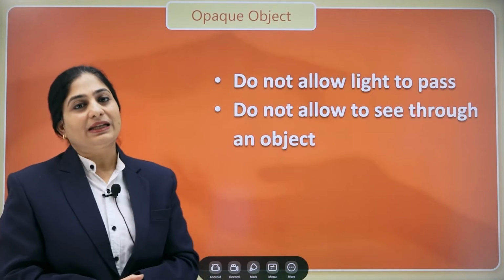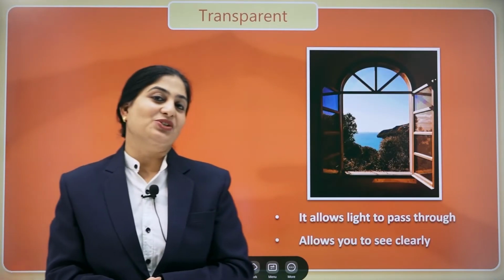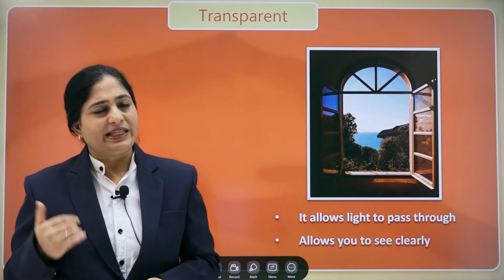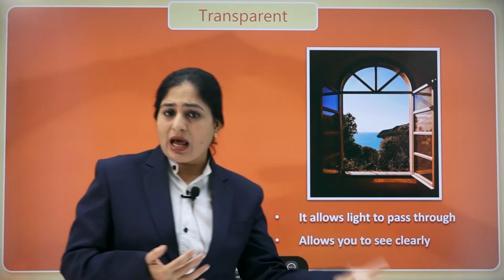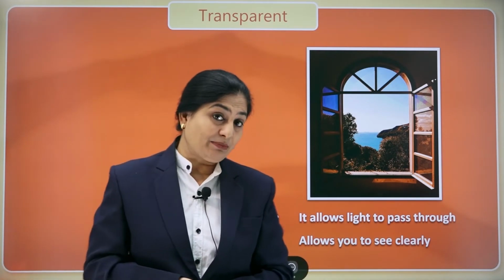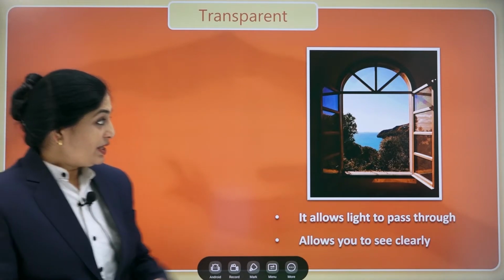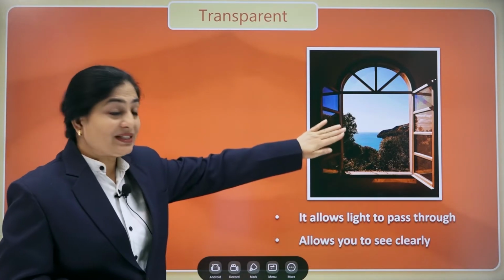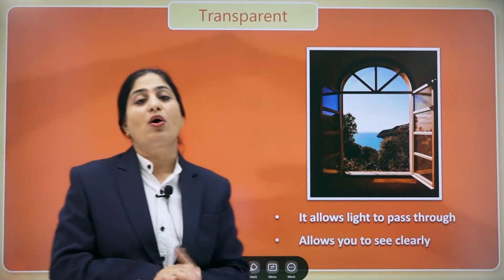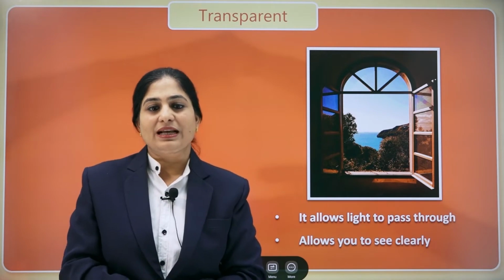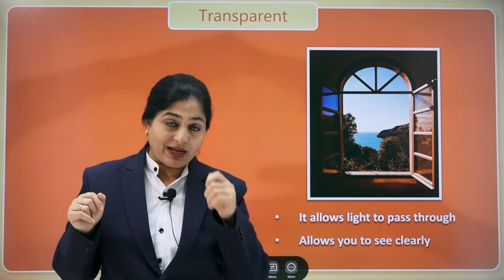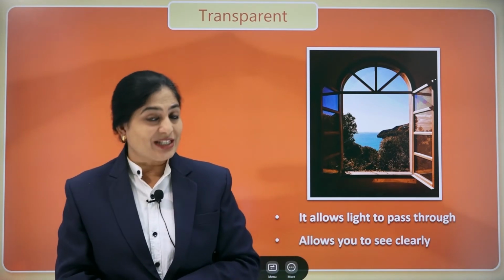Let us discuss the next category, the transparent object. Transparent objects are substances which allow light to pass through them very easily, and a very good example is a glass window. When light passes through it, you can easily see the other side very clearly. A magnifying glass is also a transparent object.